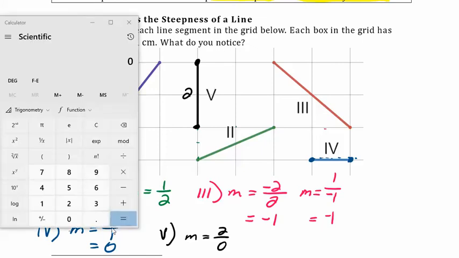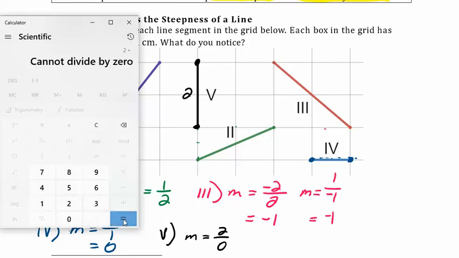This calculator has a particularly interesting response. It's very verbose. 2 divided by 0 equals, cannot divide by 0. Your calculator probably says error or something like that, but it certainly is not giving you an answer because there is no answer. We cannot divide by 0.